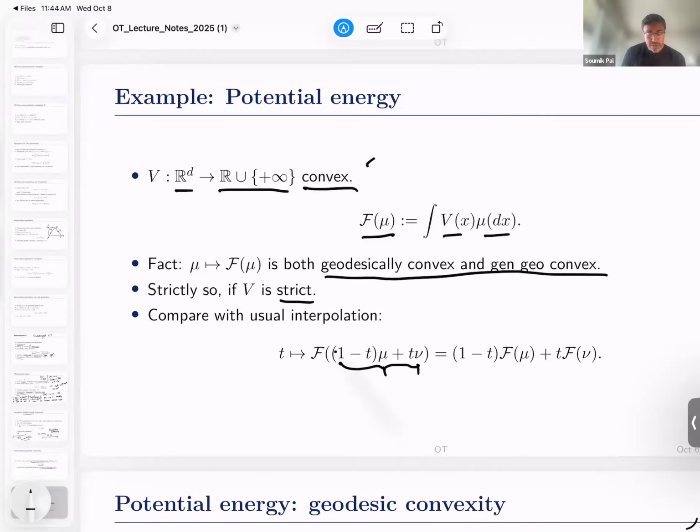Now, this curve, which is widely used in lots of places, if I apply this function, which is just a linear function, I simply get this linear quantity. This is not strictly convex. There is no convexity, it's purely linear. And yet, if I use my McCann interpolations, my geodesics, and if I take V to be strictly convex, my function f is actually a strictly convex function of probability measures.